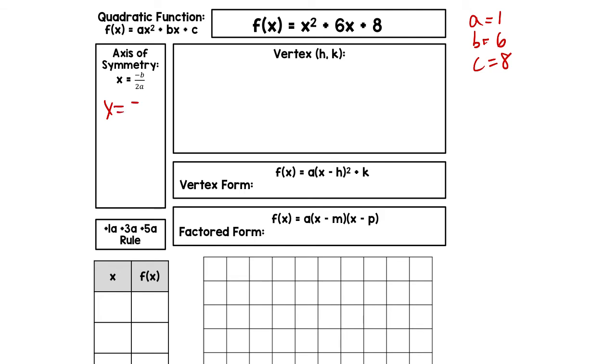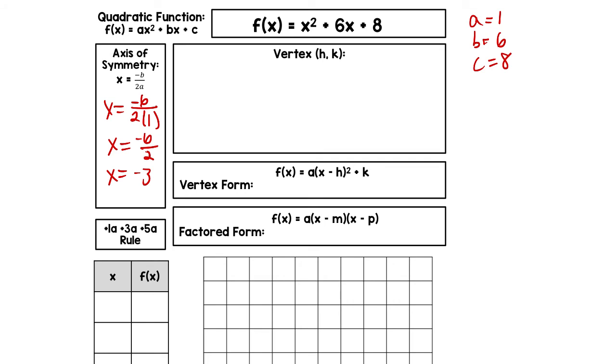X equals negative 6 over 2 times 1. Oh, I did that so wrong. Negative 6 over 2 times 1 is negative 6 over 2. So x is negative 3. Sorry about that.